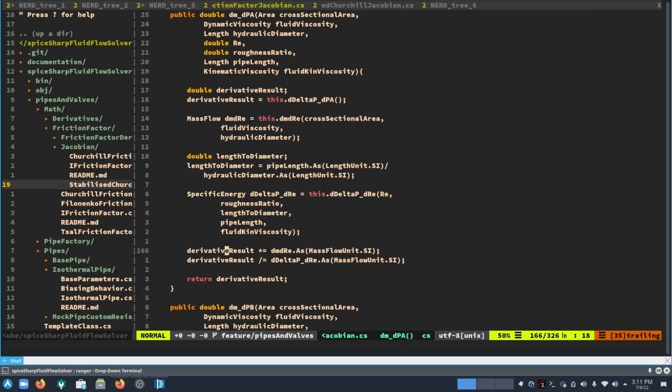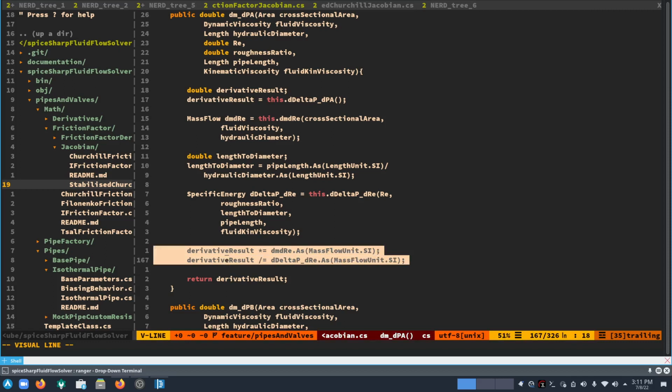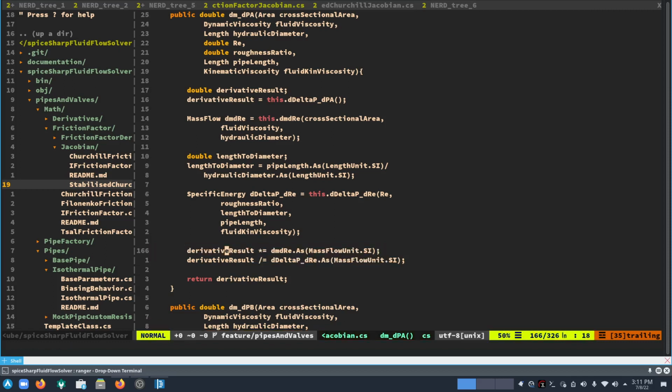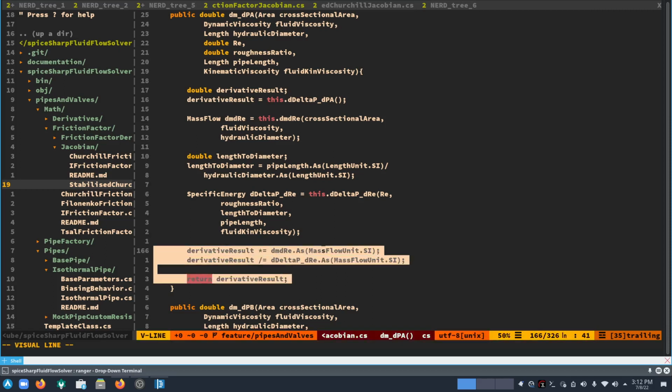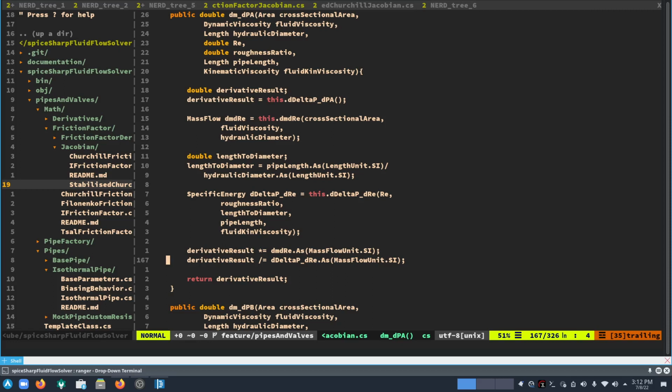However, what I'll do is convert all those units to SI units. I will make sure all those units are SI. That's why I have this SI call here as mass flow unit. This will convert everything into a double, which is just a floating point number, and then I will return it back to whoever uses this function.